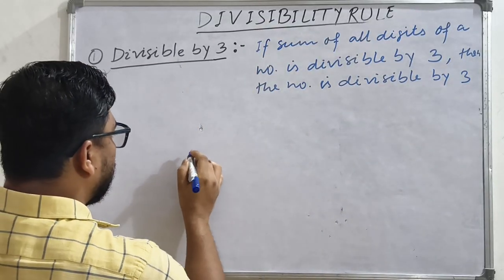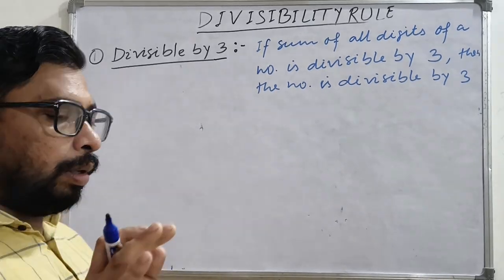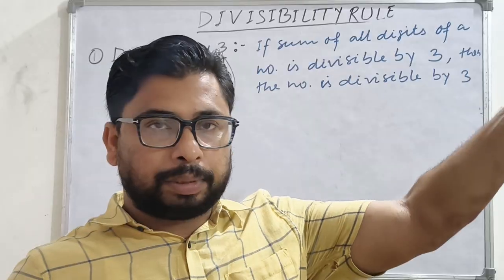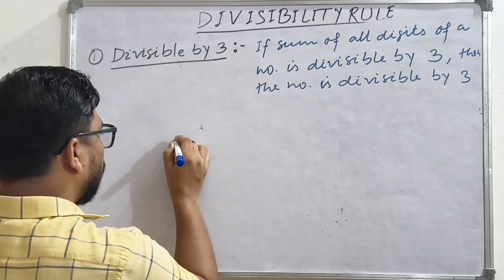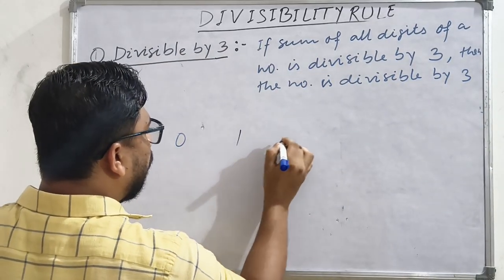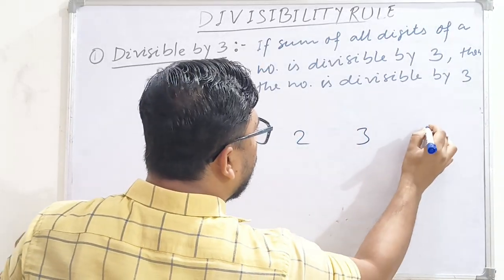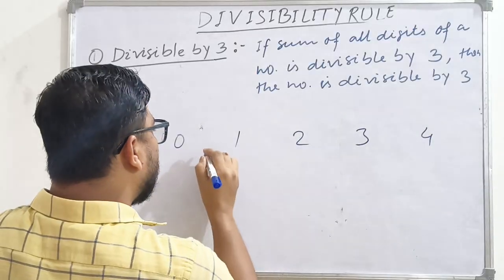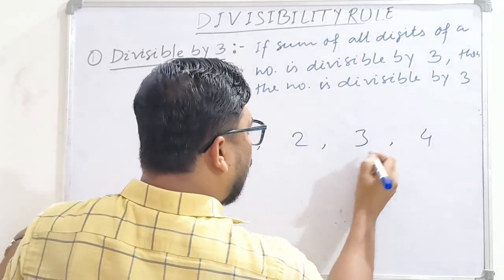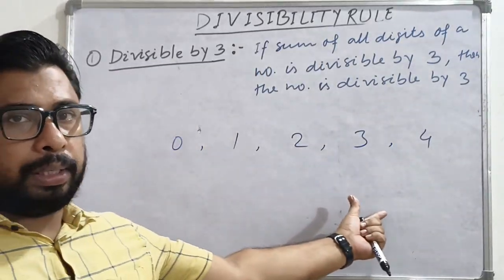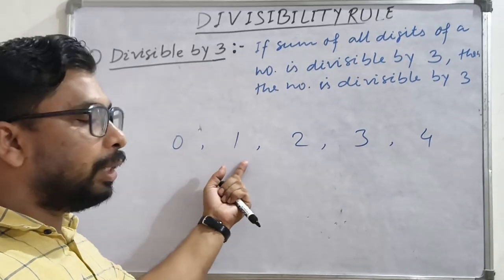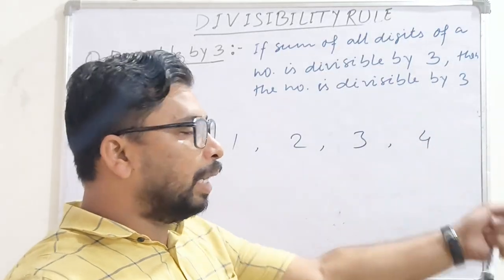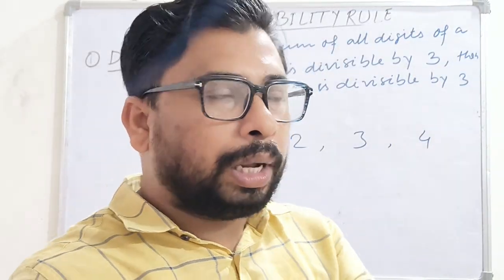There are finite digits, but there are infinite numbers. 0, 1, 2, 3, 4 are the digits individually, and you can also call them numbers. 0 is itself a number, 1 is itself a number, 2, 3, 4, 5, 6, 7, 8 up to 9.